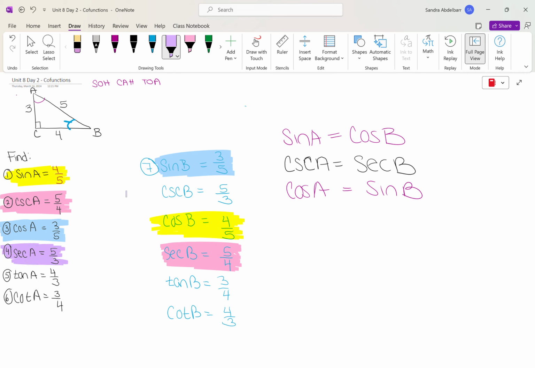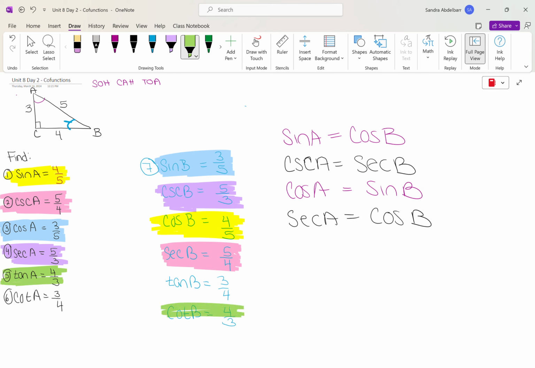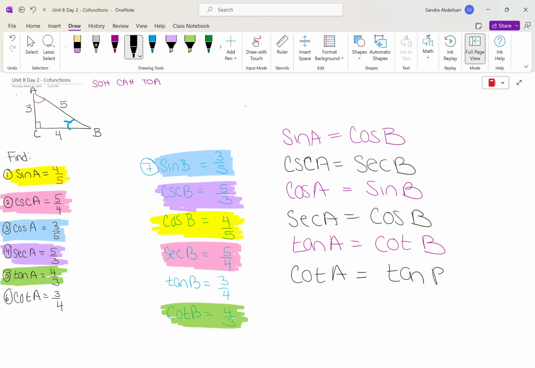Cosecant of B. Tangent of A is the same as the cotangent of B. And last but not least, the cotangent of A is equal to the tangent of B.